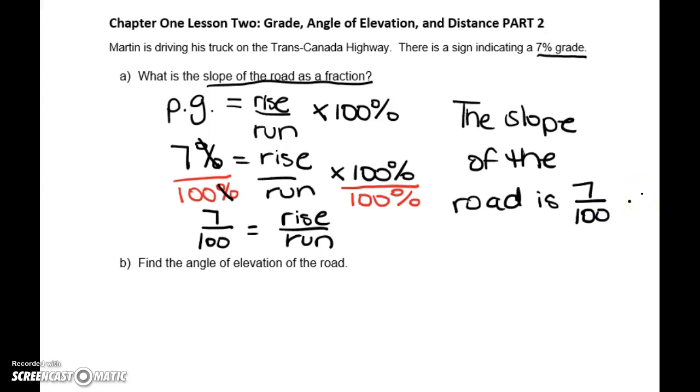Moving on to part B. We need to find the angle of elevation of the road. To find the angle of elevation, you have to use the equation that I gave you at the beginning of this lesson. You're going to be using the second equation, where we're given the angle. Here, your angle is equal to the tan inverse of your slope, which is your rise over run.